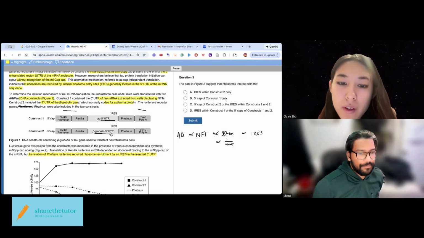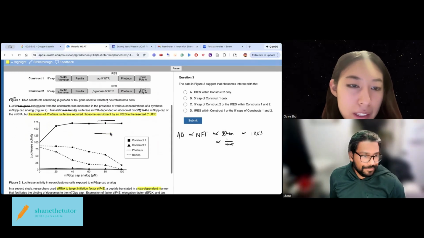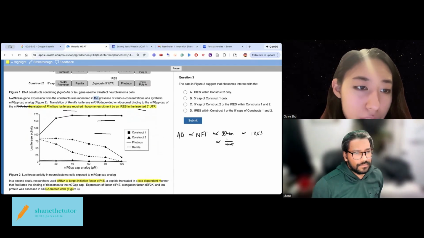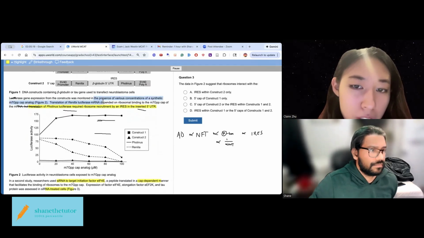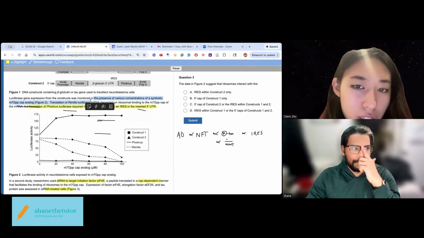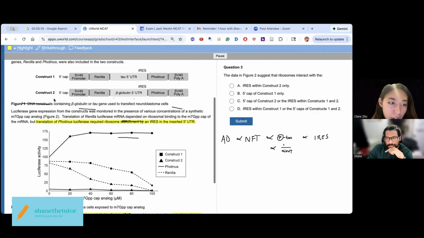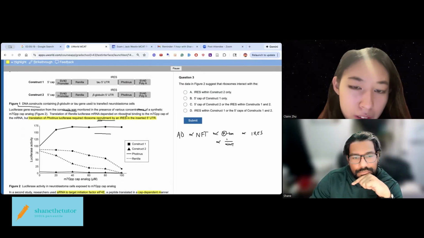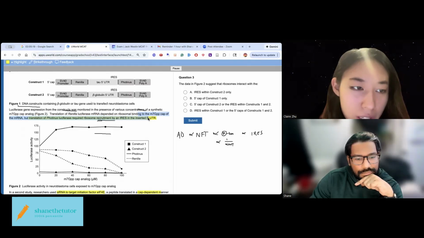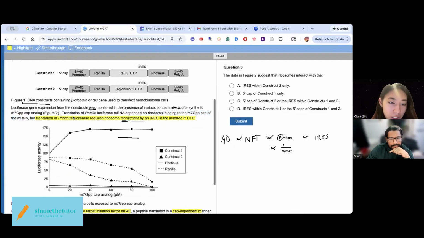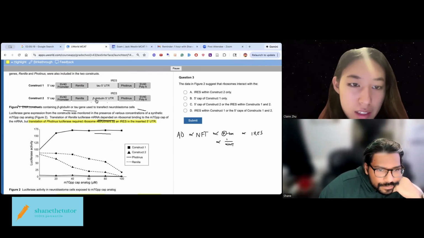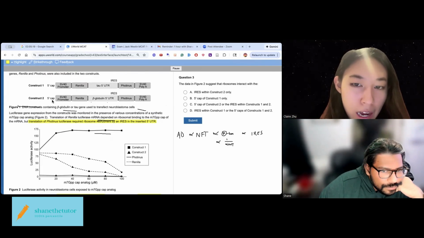Okay. And then if I were to keep going down, I read that luciferase expression from the constructs is monitored in the presence of a synthetic cap analog. So they added a cap. Translation depended on ribosomal binding to the cap, but okay, so then they're distinguishing between these two: the Renilla one depended on the cap being there, which makes sense because it's before.